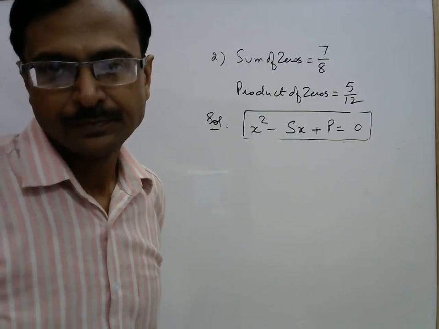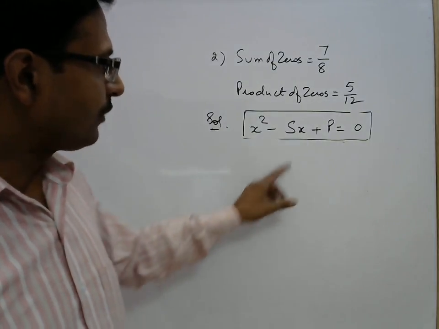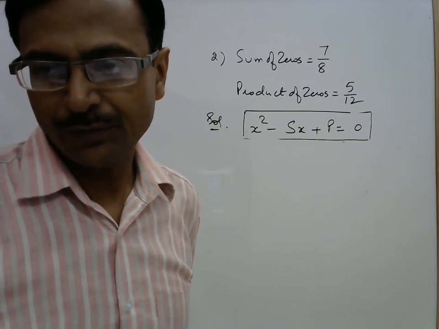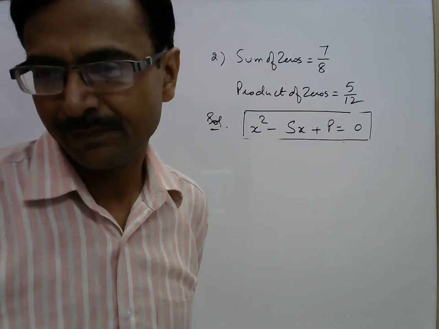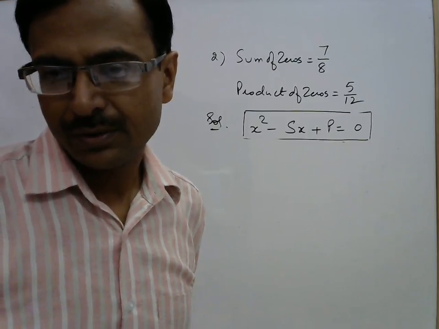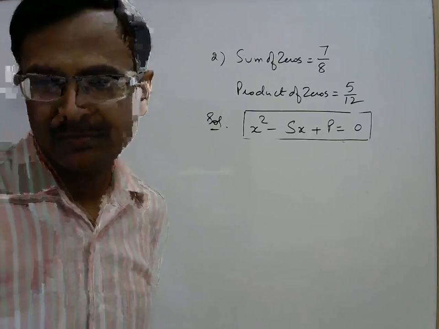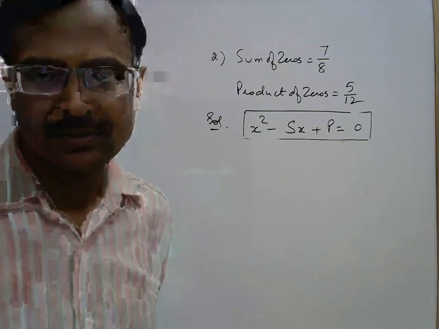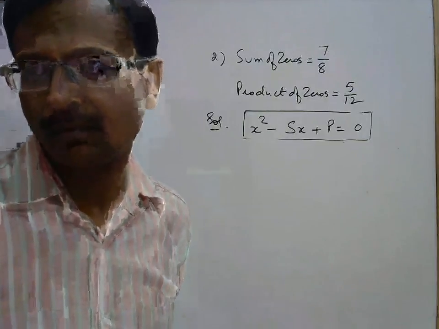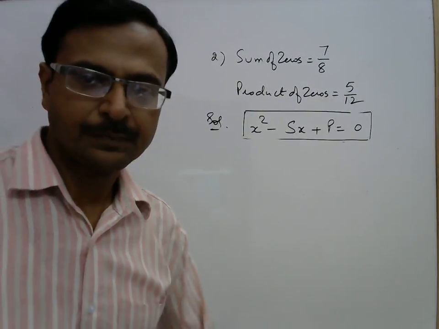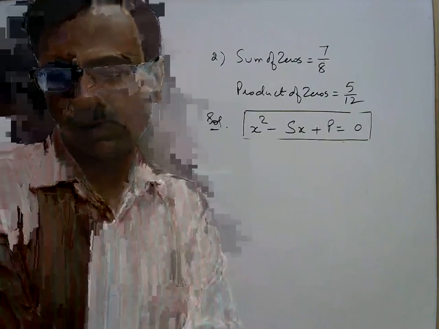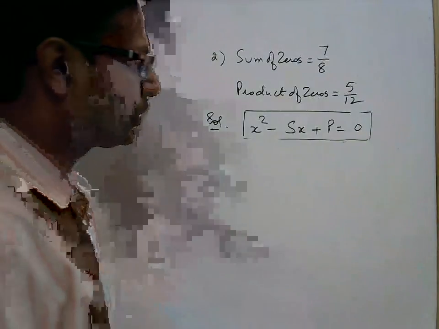Substitute the values of s and p here. Remember, no decimals, no fractions in the answer. So I'm waiting for the first correct answer. In the meanwhile, I'll also try and solve this.